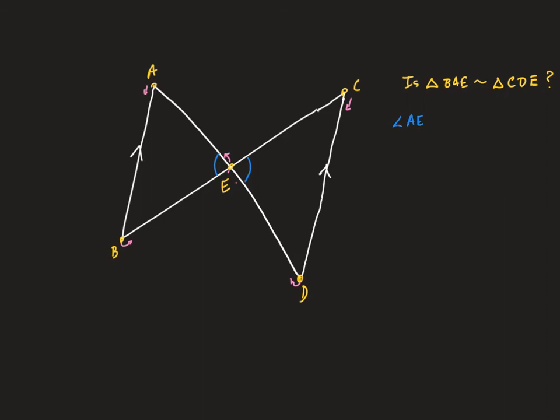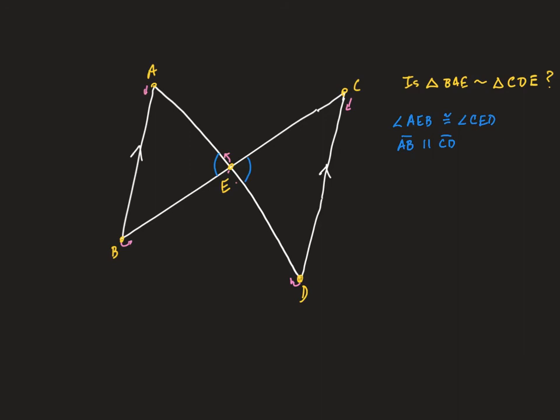So we have angle AEB is congruent to angle CED, and then we have that AB is parallel to CD. Now, if they're parallel, that gives us some more identities.